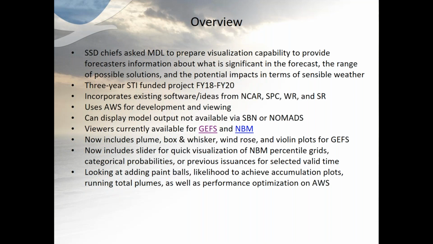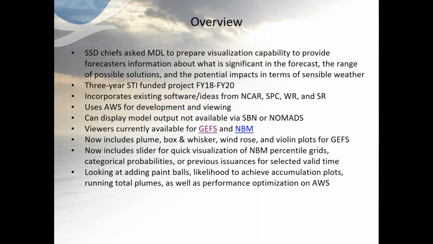We are also looking to add paintballs, likelihood of achievement accumulation plots, running total plumes, and performance optimizations that we can get from Amazon Web Services that we may not be able to get on on-premise hardware. So those are kind of the drivers behind this, and what we have to offer.